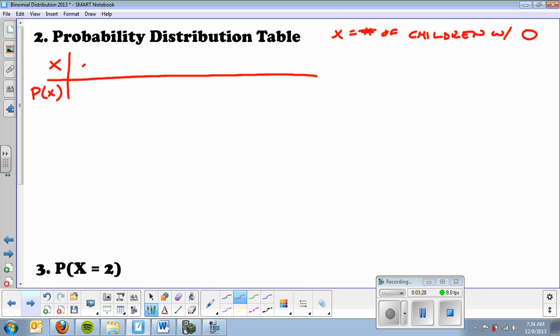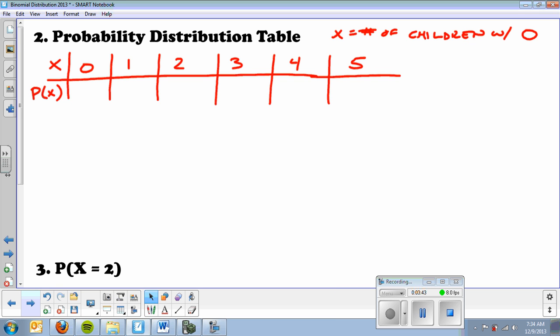You could have 0 kids, 1 kid, 2 kids, 3 kids, 4 kids, or all 5 kids could have blood type O. Now, to show you how the formula works, we're going to do the first 3 of these, and then we're just going to type them in my calculator.